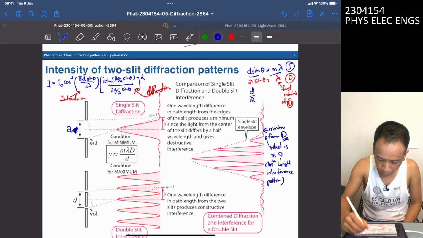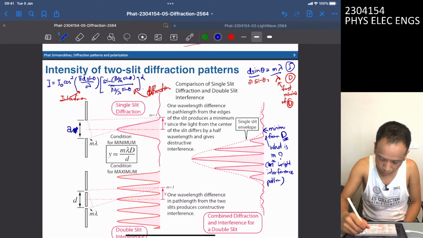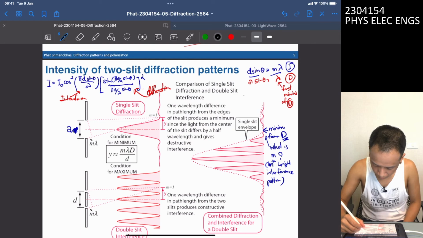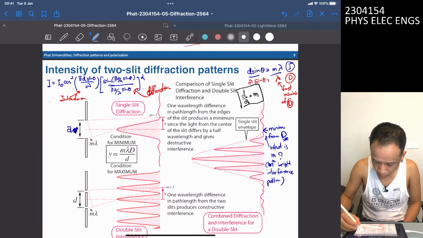Okay, so you will get d over a equal to m. Okay, d over a equal to m.